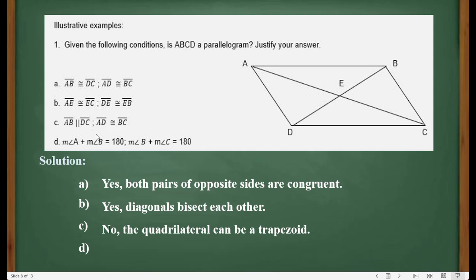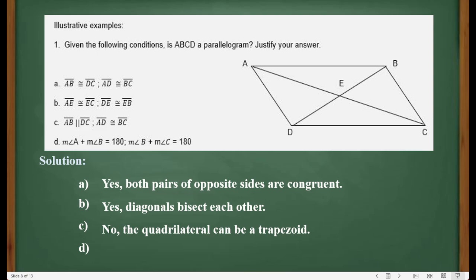Now, you will notice that if we take any two consecutive angles, the sum of their measures is 180 degrees. And this can only happen in what? Parallelogram. Okay? So, therefore, if this is the condition in letter D, we can answer again the question, is quadrilateral ABCD a parallelogram?